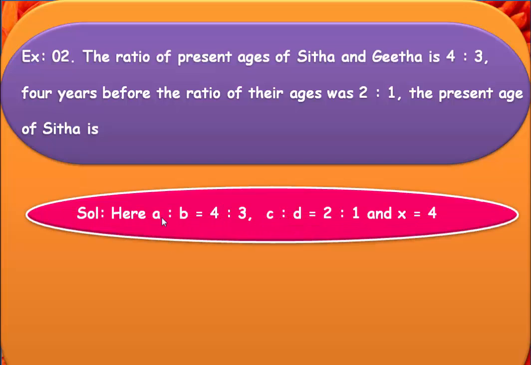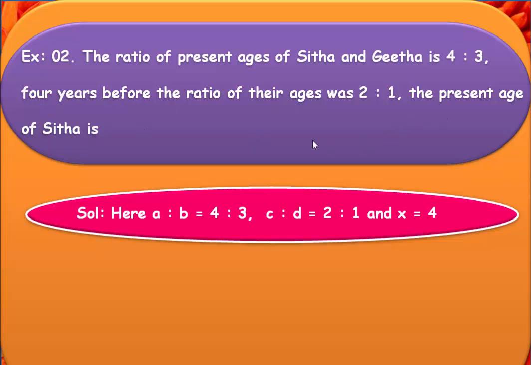Now comparing, a is to b equals 4 is to 3, c is to d equals 2 is to 1, and x equals 4. Since given that x is 4 years before, we have to subtract 4.